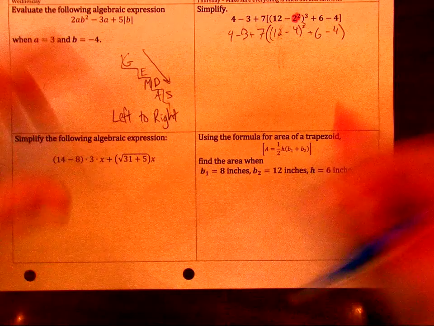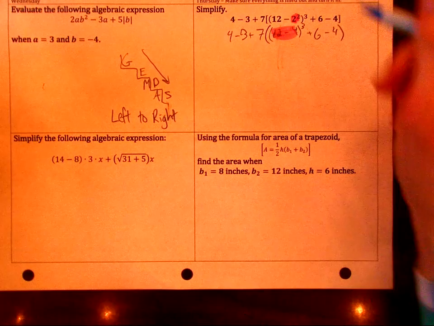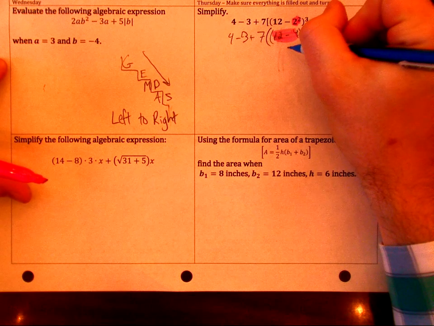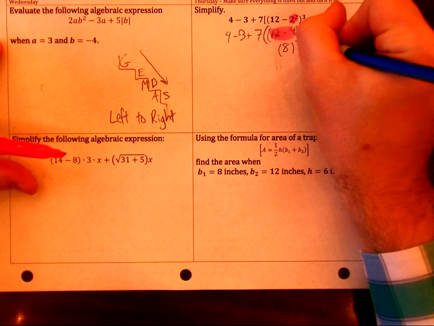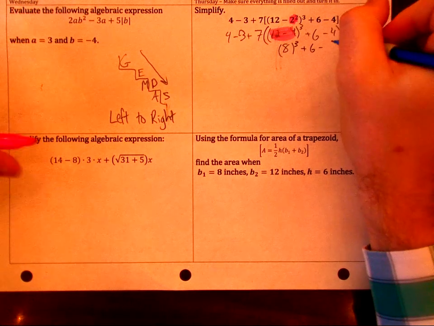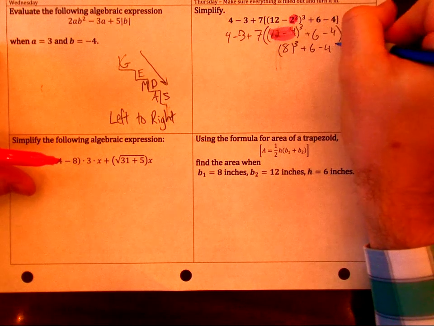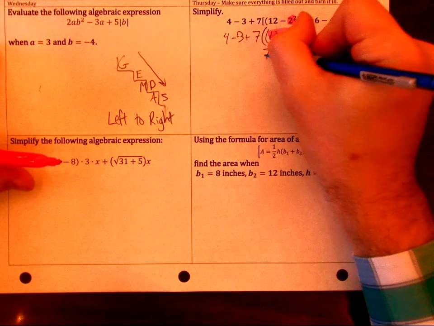Now we can do, still inside those parentheses, we still have some operations to do. So we're going to have 12 minus 4 is going to be 8. Everything else stays the same. Again, notice how I write the result first, and then I can evaluate or simplify the rest of the problem.